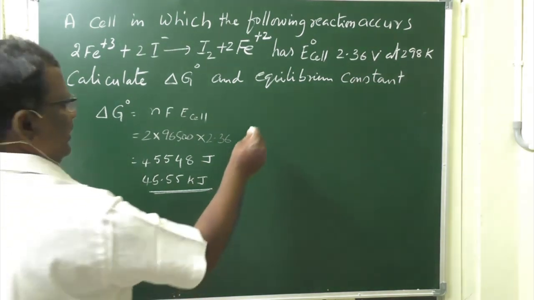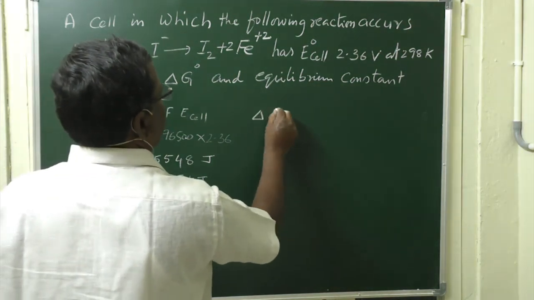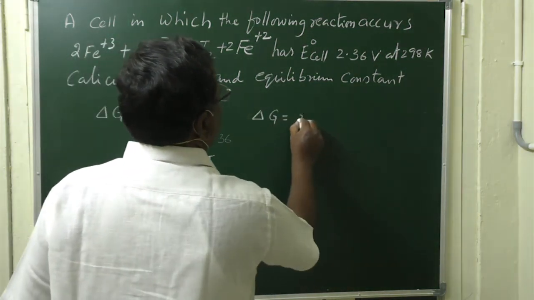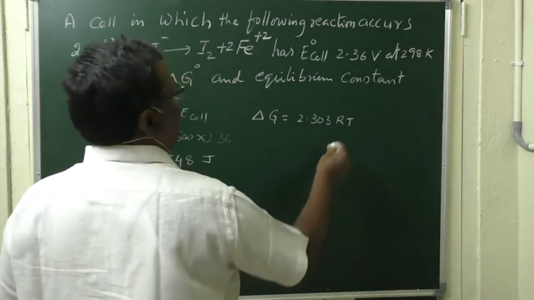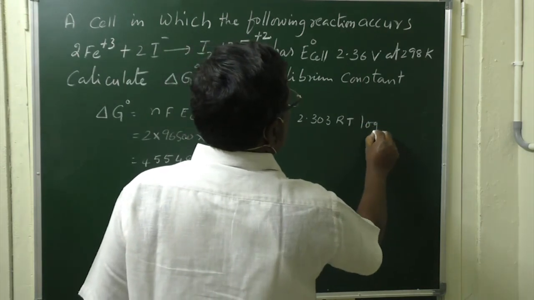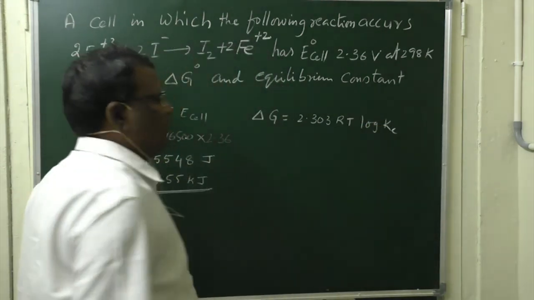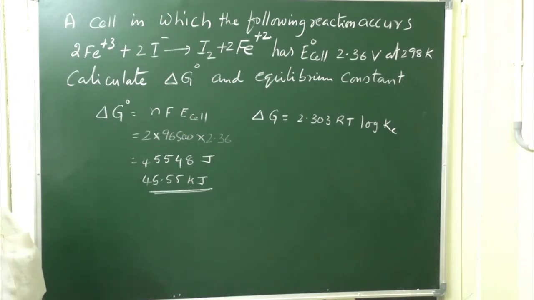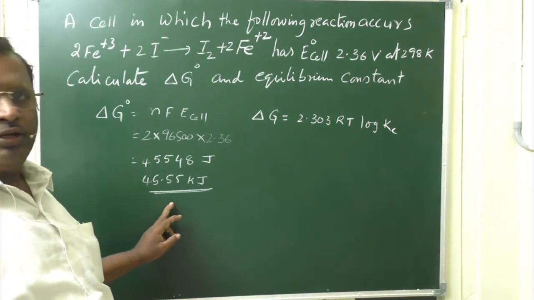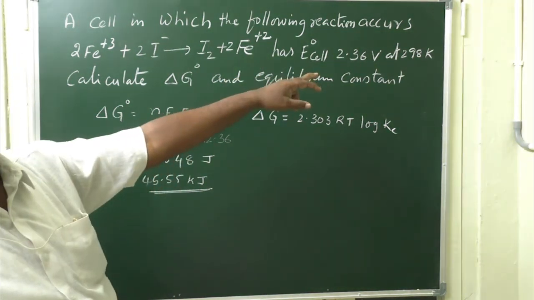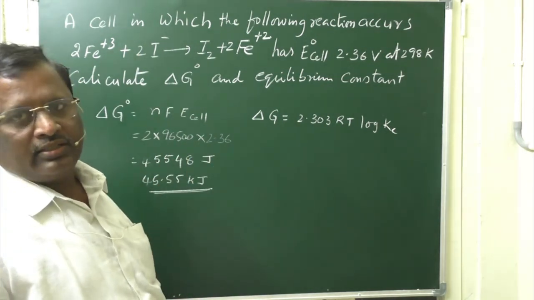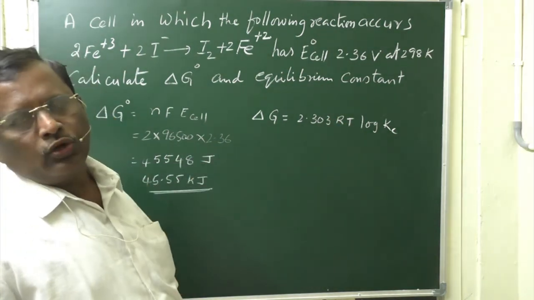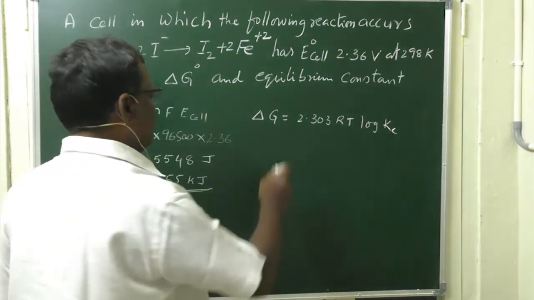Here delta G is equal to 2.303 RT log K. With this formula also you can get the equilibrium constant, because here we have the delta G value and the specific temperature is also given. If in some cases they give different temperatures, this formula is more useful.